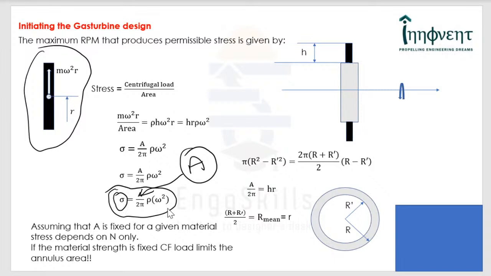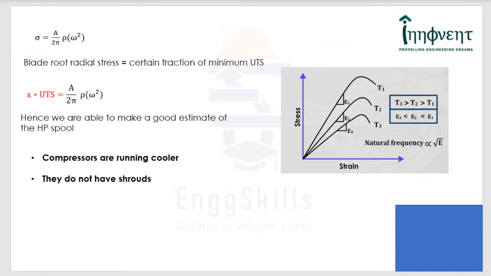Now, once we have got the stress in terms of angular velocity and annulus area, what we can do is estimate the angular velocity, and as I said, the maximum root stress could be a certain percentage of the minimum operating UTS.